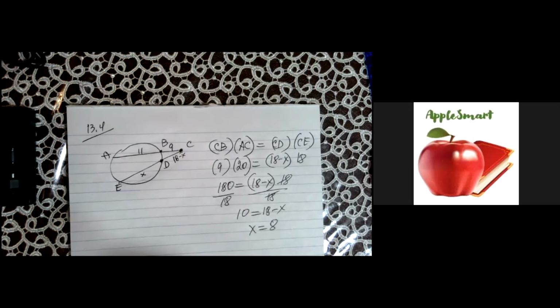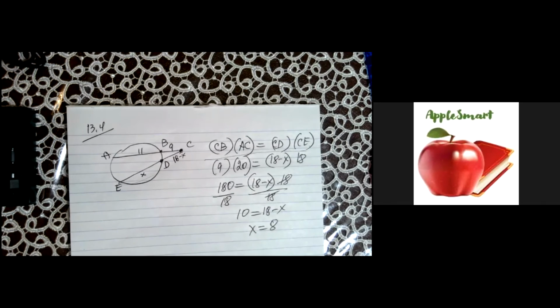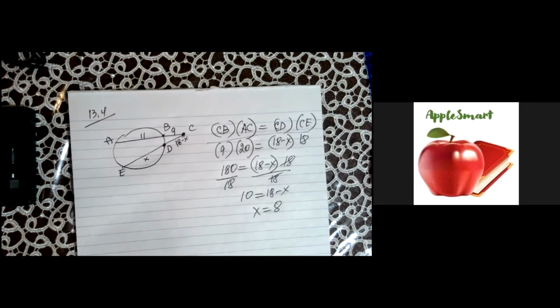And then I just substituted whatever I was given. So this came directly from the power of a point theorem. Okay? Does that answer your question? Yeah. Perfect. Thank you for asking.